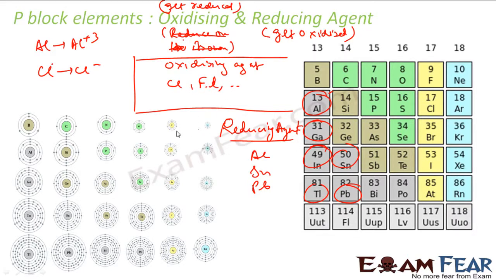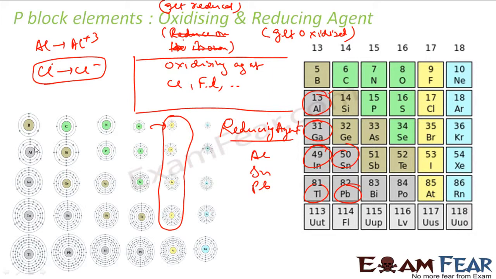And why is this? Because all these halogens, chlorine, fluorine, have a hunger to get one electron. If they get one electron, they'll become very stable, so they'll always want to become Cl minus.